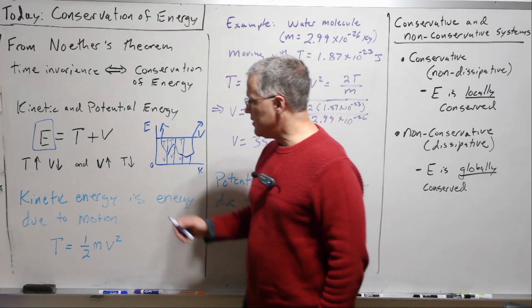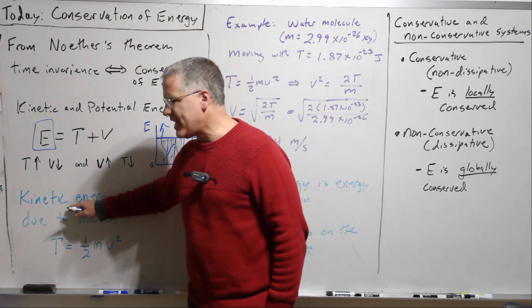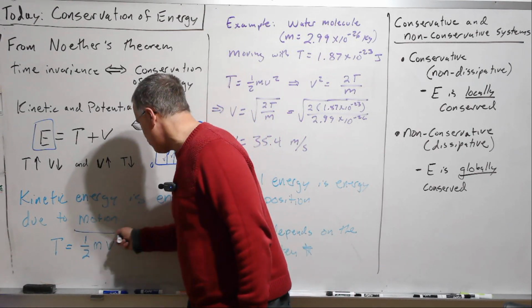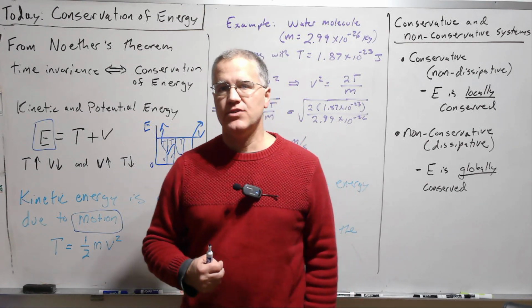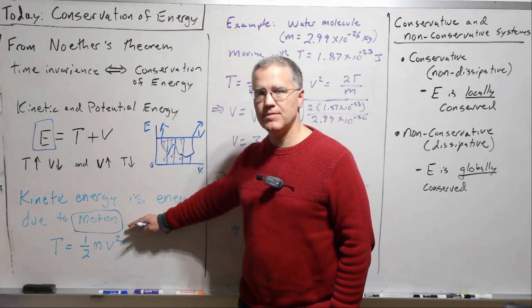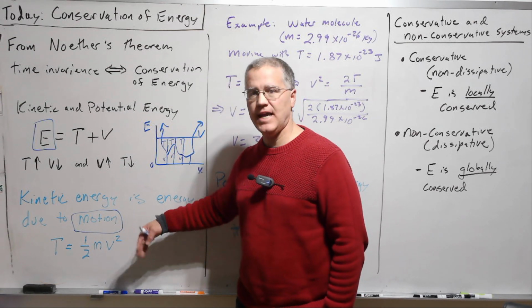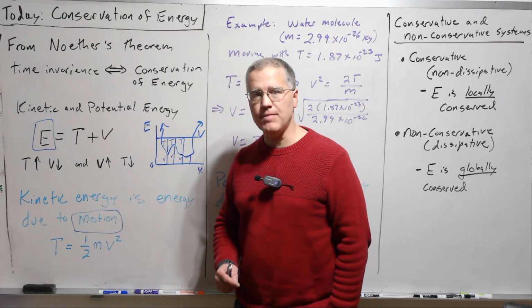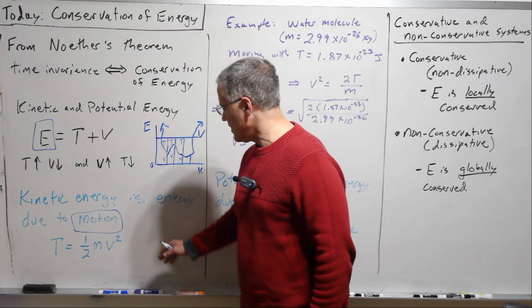All right, well, what is the central feature of each of these? Well, kinetic energy is energy due to motion, okay, and only to motion. So every single system will have the same formula, which is kinetic energy is 1/2 mv squared, m being mass, and v being the magnitude of the velocity or the speed.